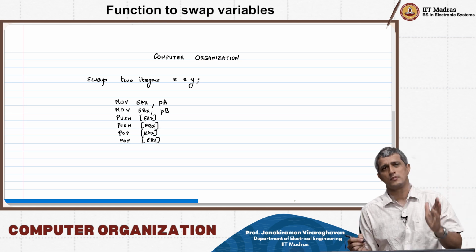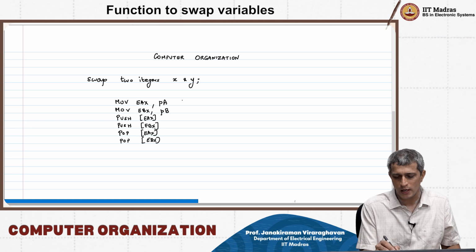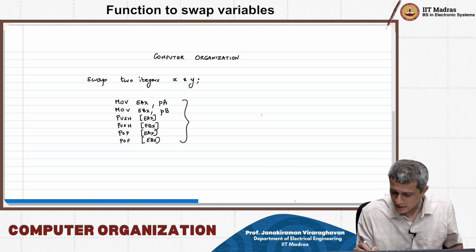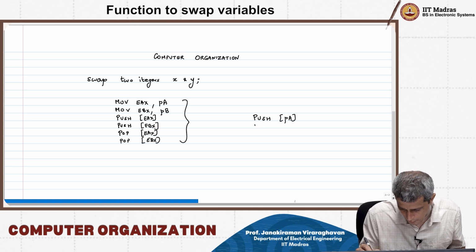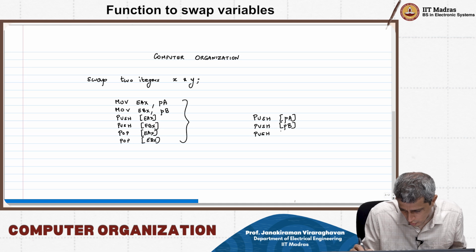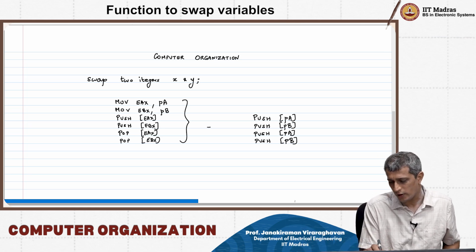Of course, I am leaving out the DWORD PTR, that is implicit. But now my question is, if you look at this operation, why didn't we simply do push contents of PA, push contents of PB, pop PA, pop PB? Effectively this is what we are doing, right?